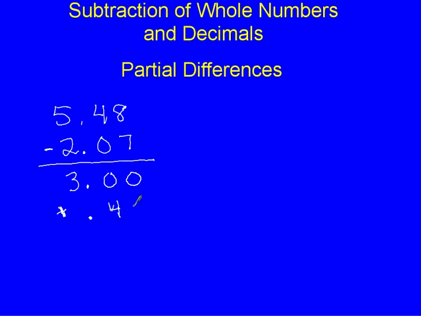And you can write it as 4 tenths or 40 hundredths. I like to do 40 hundredths when I'm doing problems like this, just a little bit easier for me to keep track of. And in the hundredths place, 8 hundredths minus 7 hundredths is 1 hundredth. A positive 1 hundredth. It's not negative, it's positive.